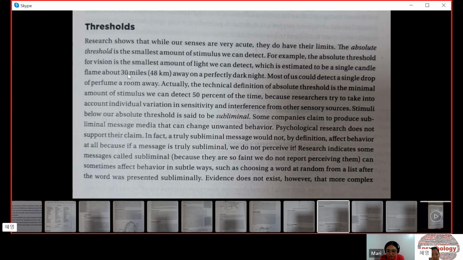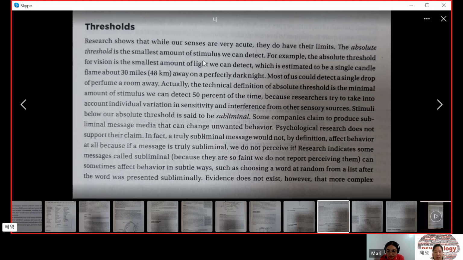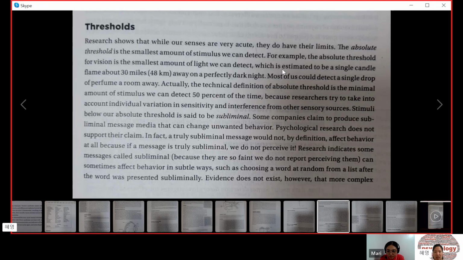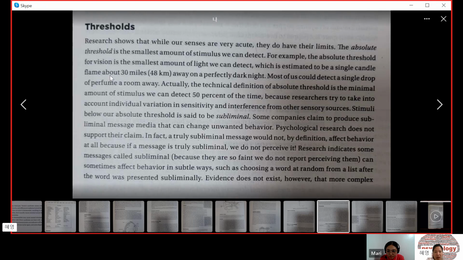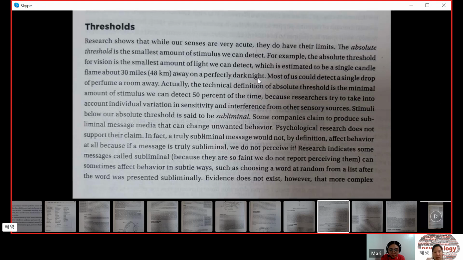For example, the absolute threshold for vision is the smallest amount of light we can detect, which is estimated to be a single candle flame about 30 miles away on a perfectly dark night.